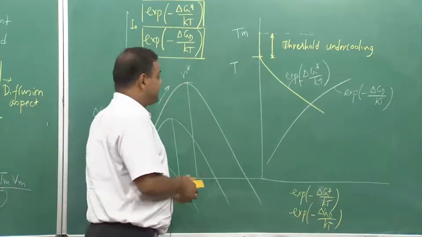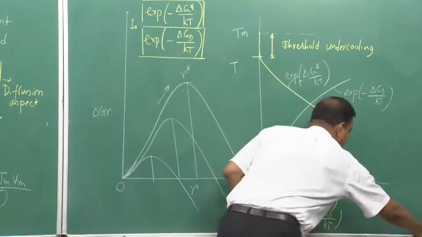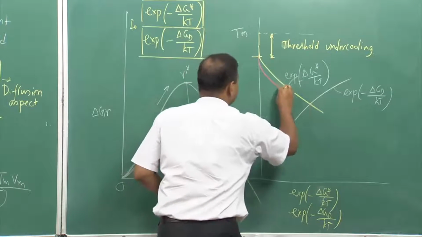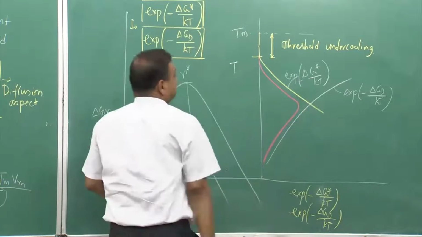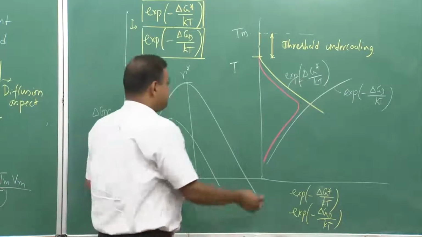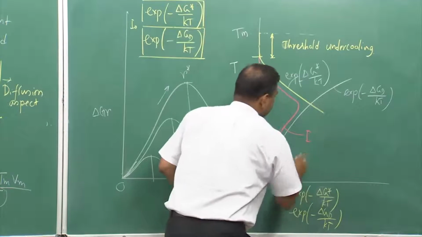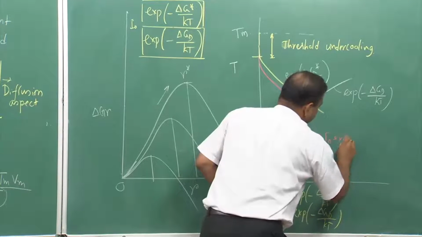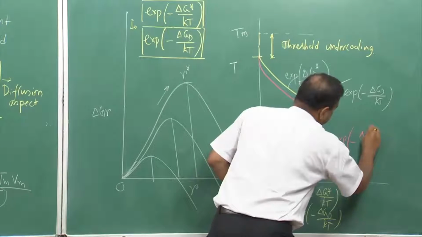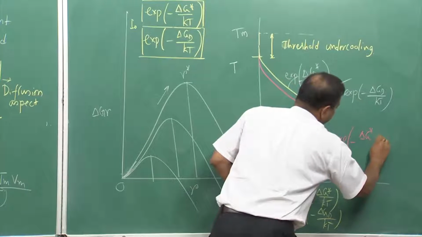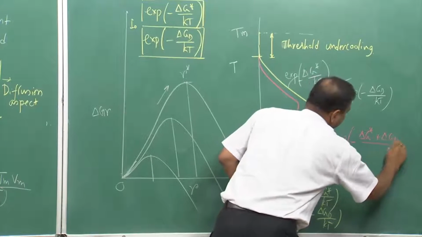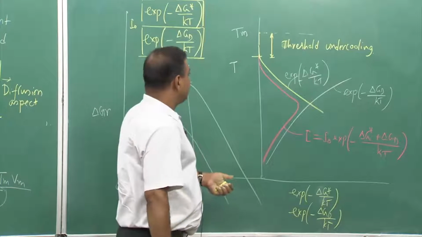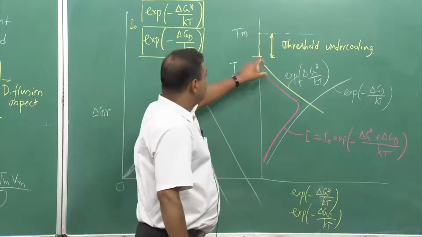So, the I would be found between these two lines. So, this is my I, which is I 0 k t.